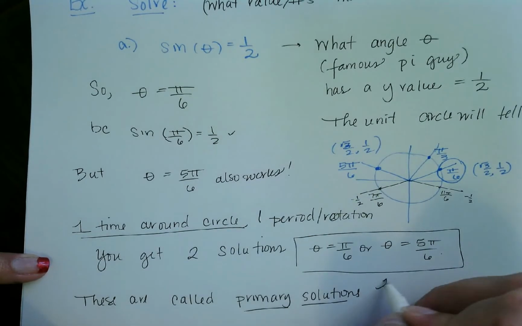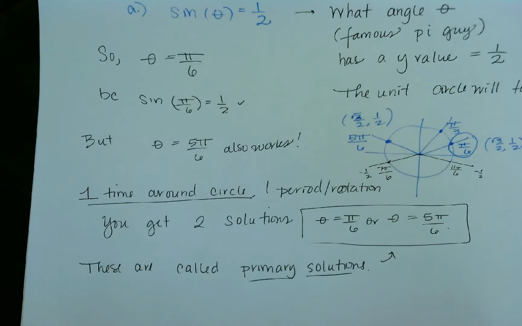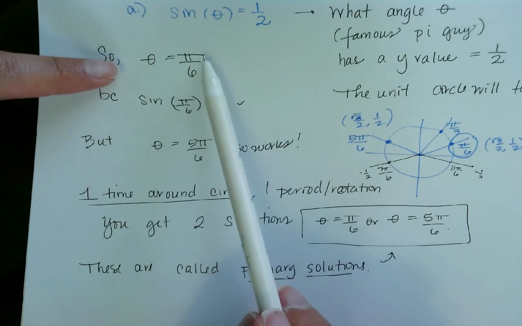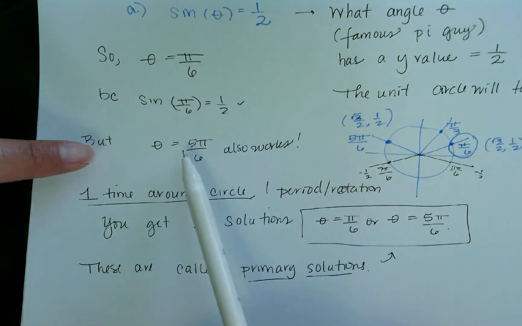So the directions here weren't specific. You didn't say primary or all the solutions or whatever. I just wanted you to get the idea of what angle would make this equal 1/2, and the angle of pi over 6 or the angle of 5 pi over 6 will give you a true statement. Alright, so those are your two solutions.